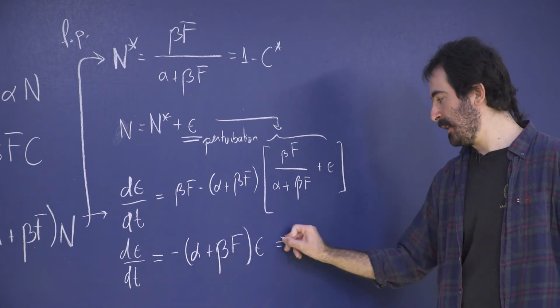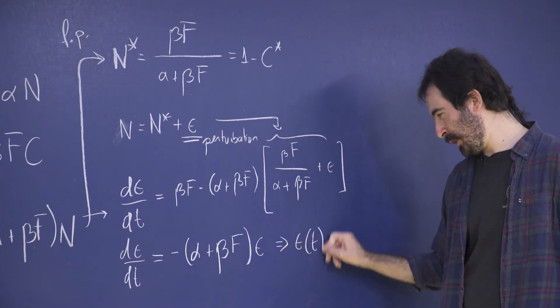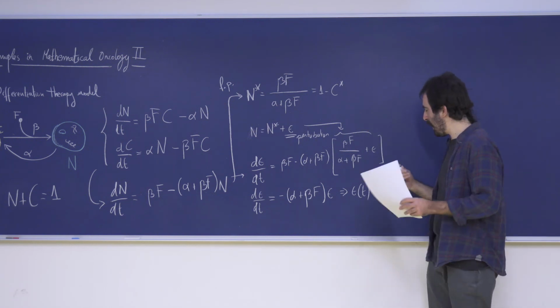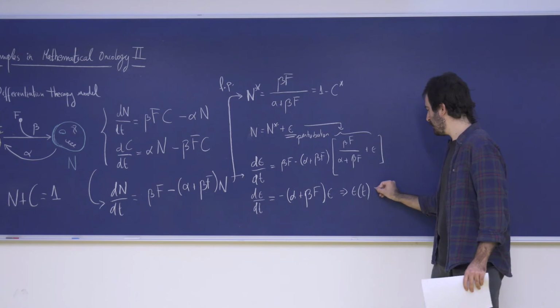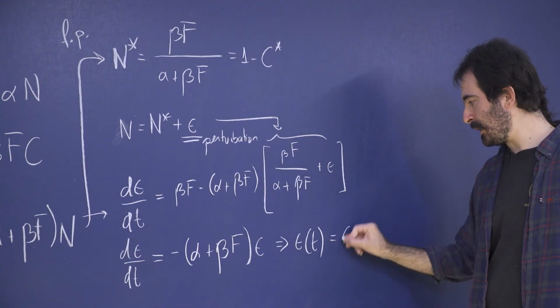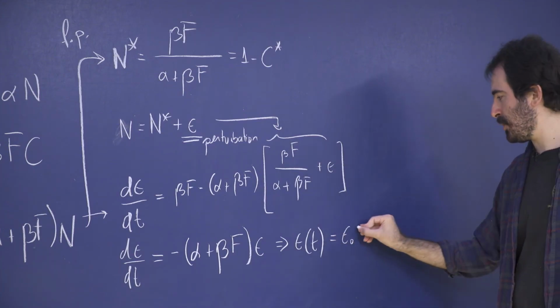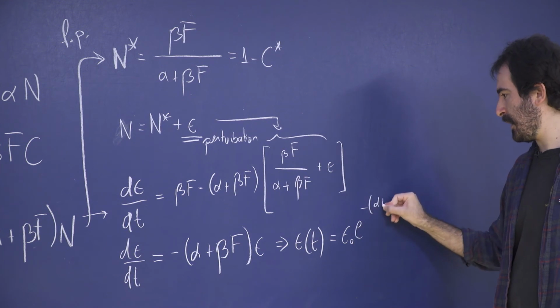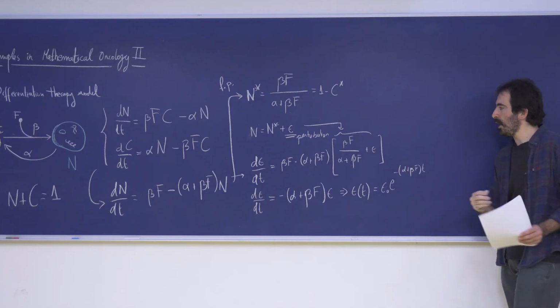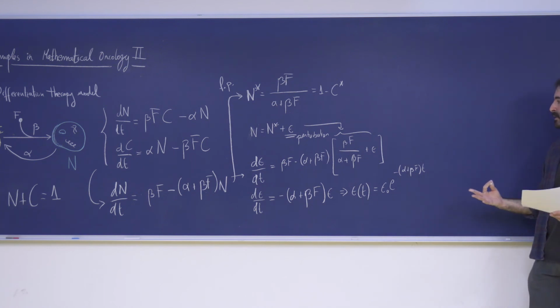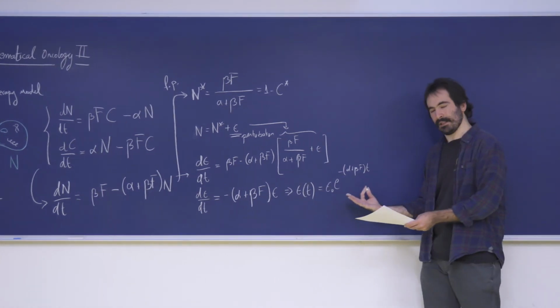This means that if I write what will happen to this perturbation according to my dynamics, given an initial value for this perturbation, all I'll see is that this is decaying exponentially.